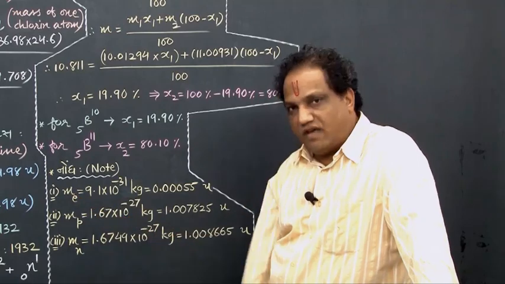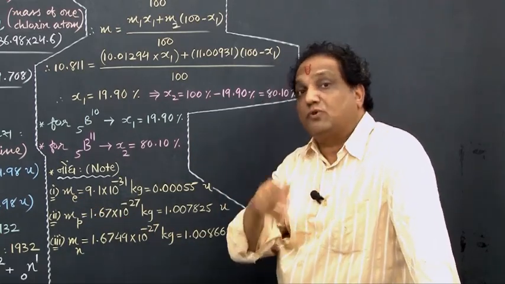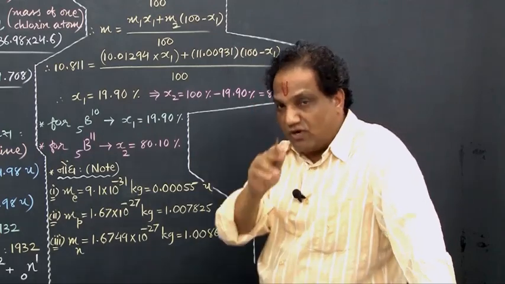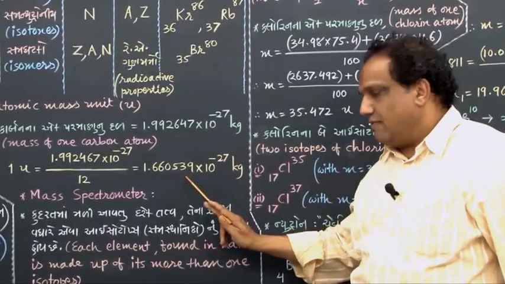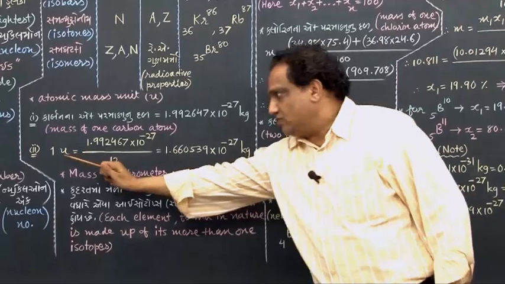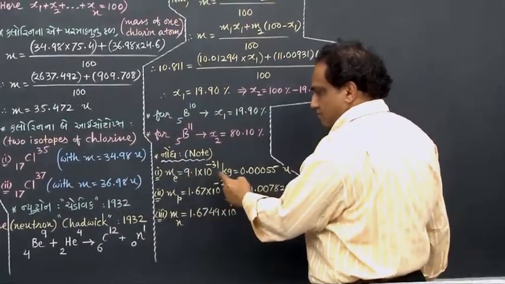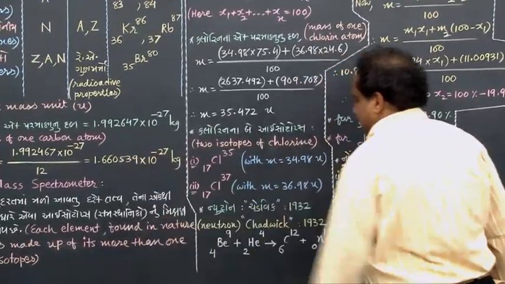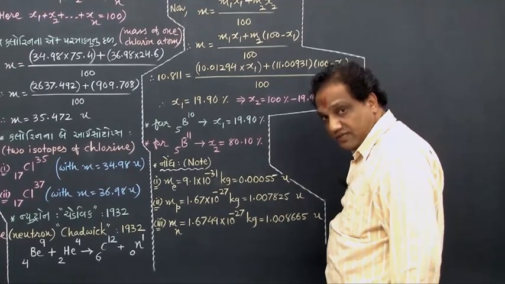See, the mass of an electron everybody knows, 9.1 into 10 minus 31 kilogram. But suppose they ask in atomic mass unit, what will you do? Going from atomic mass unit to kilogram, you will multiply by this factor. Just reverse it: when you want to go from kilogram to atomic mass unit, you will divide by this factor. So when you divide this value by this factor, you will get the answer 0.00055 atomic mass unit.